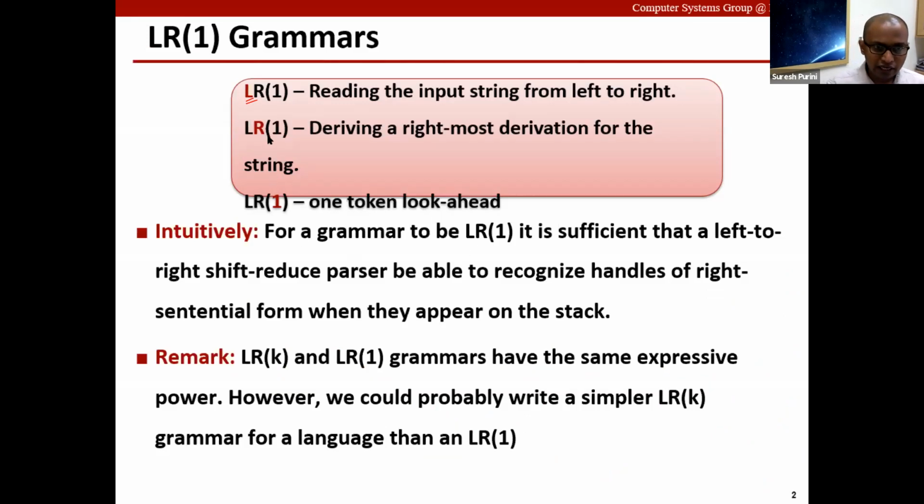The letter R in LR(1) tells us that the derivation that the parser is going to construct is a rightmost derivation. And the 1 tells that one symbol of lookahead is used by the LR(1) parser.